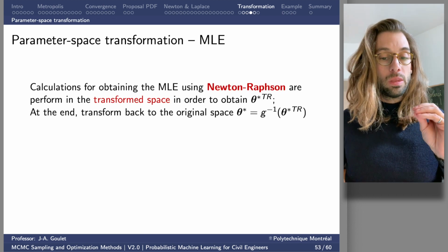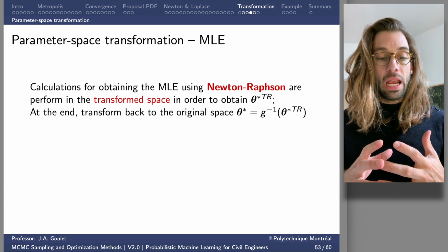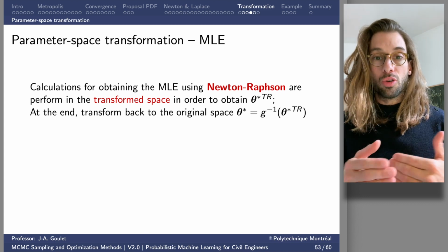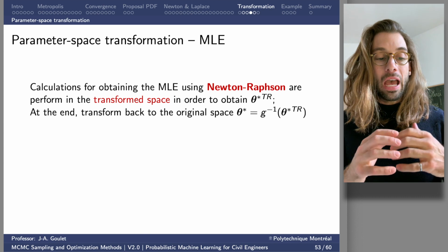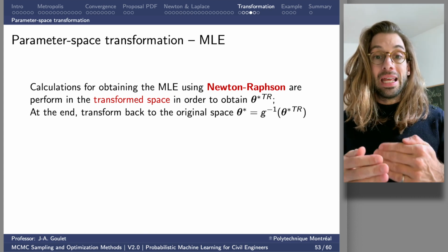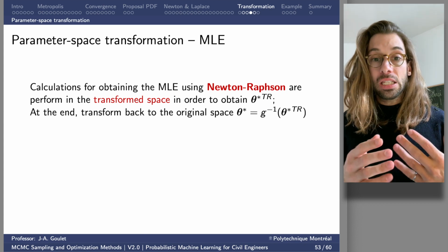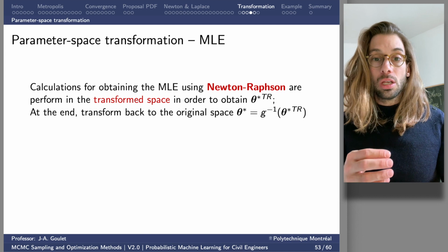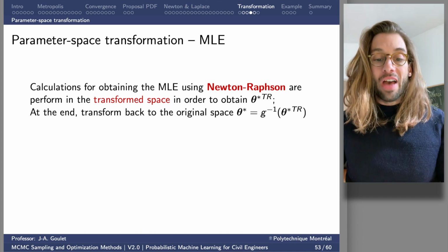So we can obtain, for instance, the MLE, the maximum likelihood estimate, using either gradient descent or Newton-Raphson, by performing the whole analysis in a transform space that is unbounded, so that it's now impossible for our algorithm to propose new locations that are outside our valid domain.